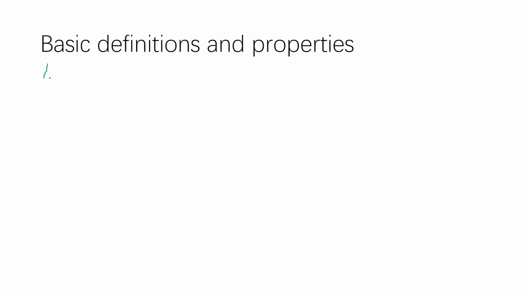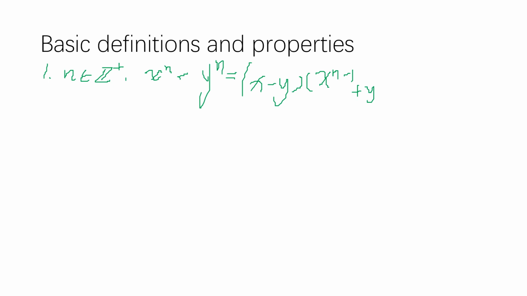The first one: if n is a positive integer, then x to the nth power minus y to the nth power can be explained like that, written like this.